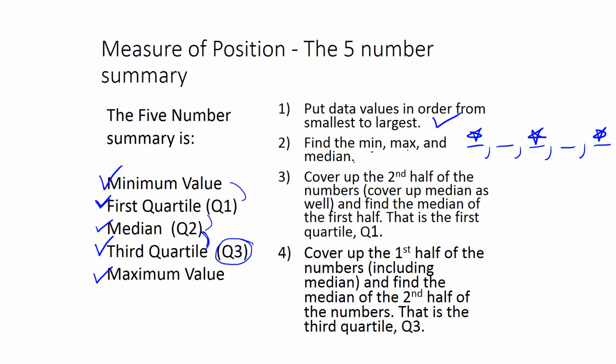So cover up the second half of the numbers, and then you'll find the median of the first half of the numbers to get Q1. And then you'll do the same thing to get Q3. To get Q3, you're going to cover up the first half of the numbers and find the median of the second half.